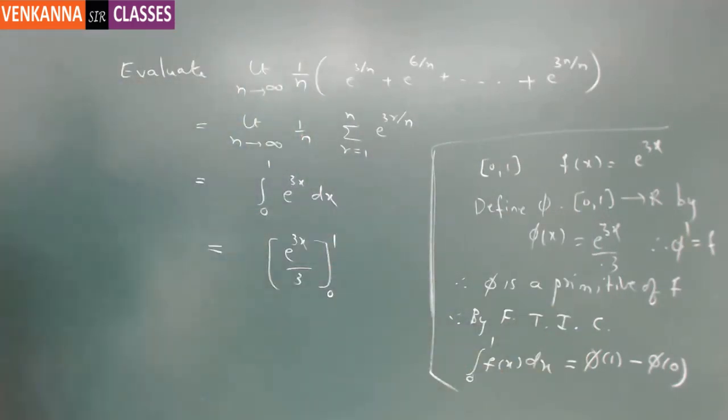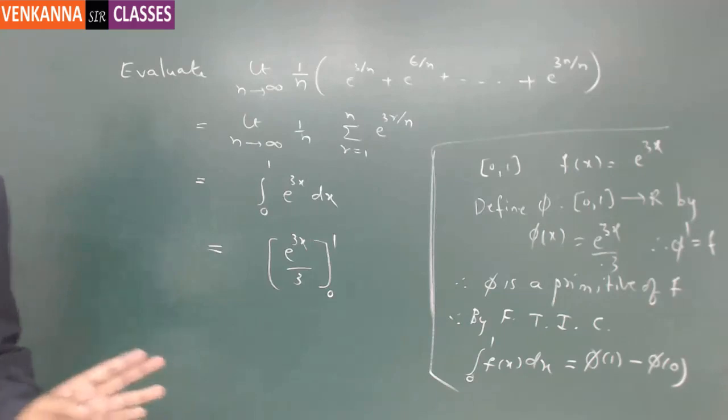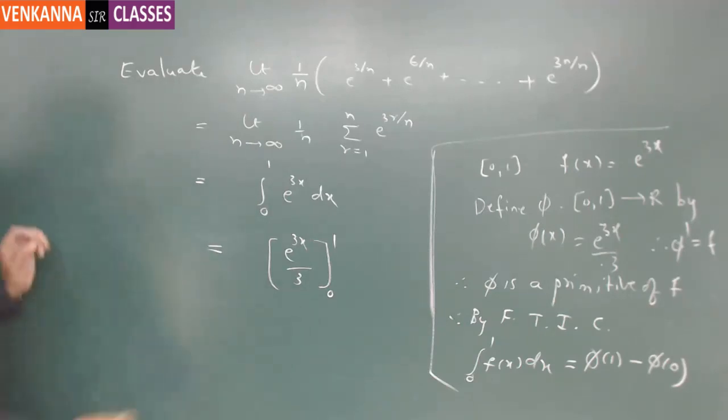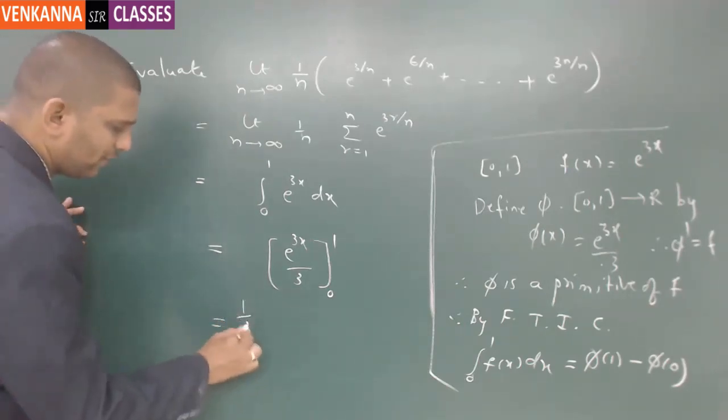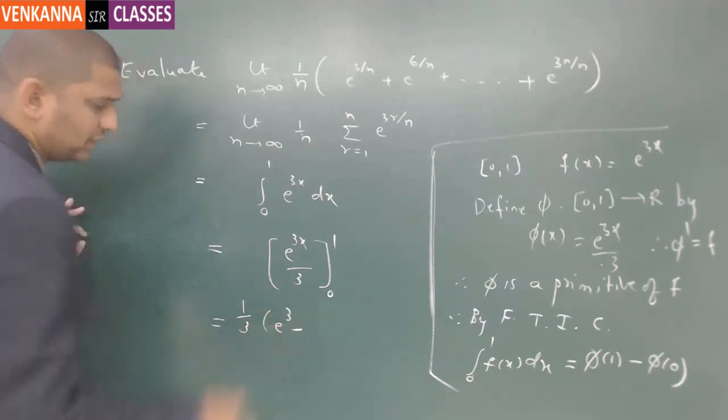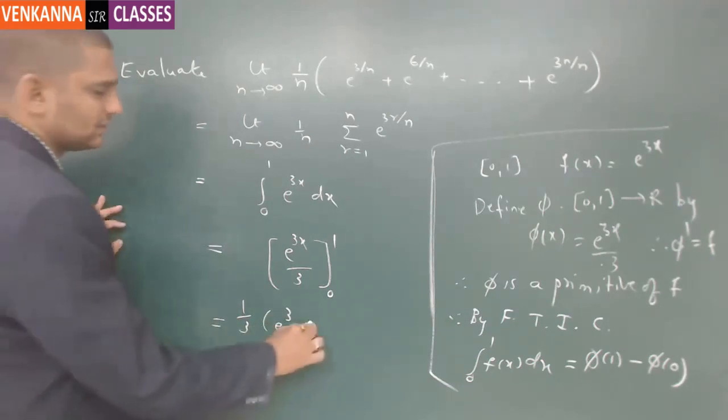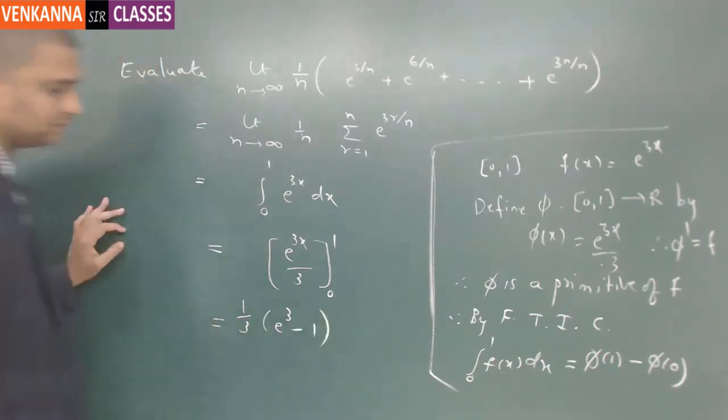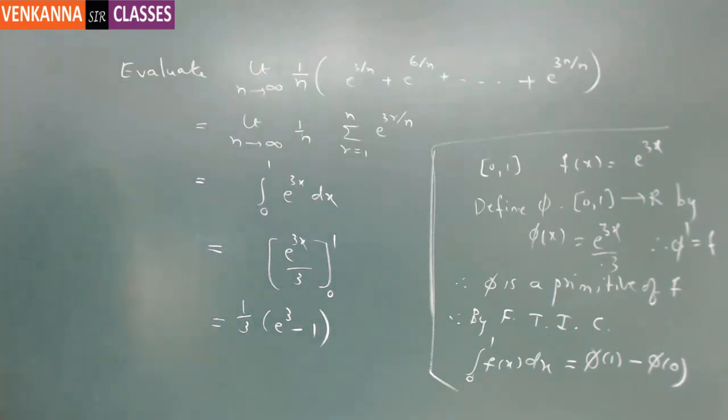Okay? So please take a note of it. So if you apply the limits, you are going to get it as 1 by 3 into e power 3 minus 1. That was the solution.